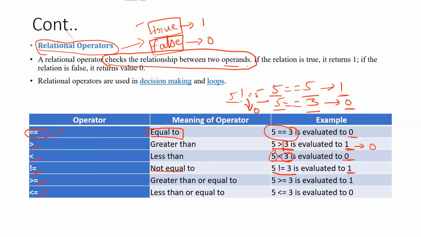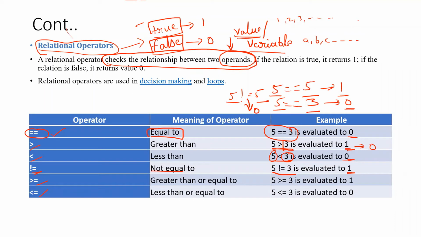A value means a constant value like 1, 2, 3, 5, and a variable like A, B, C. Okay. So you may apply the relational operator between the variable, value or a combination also.